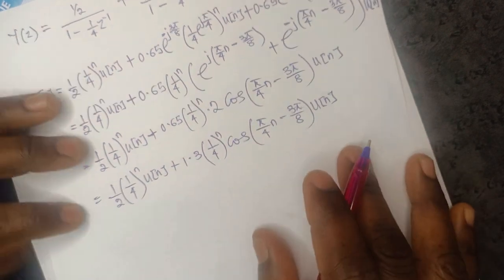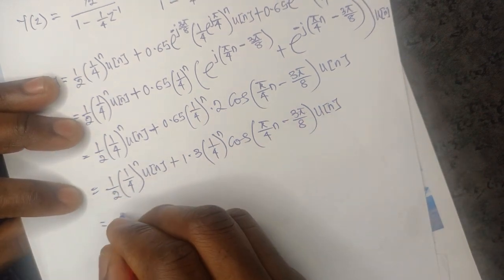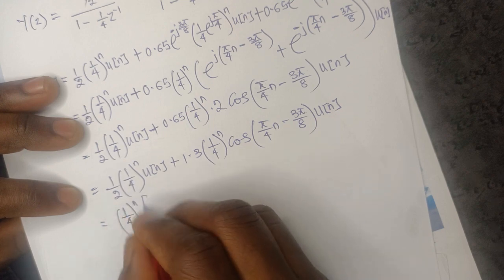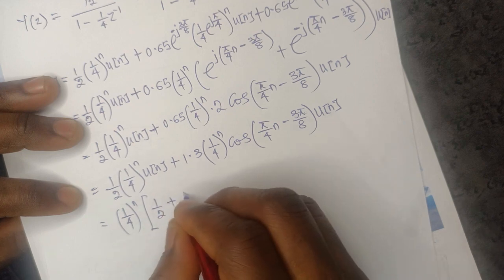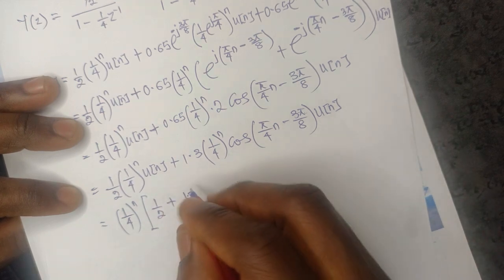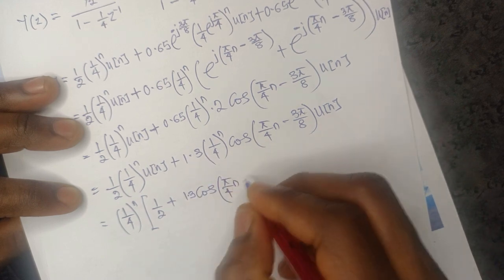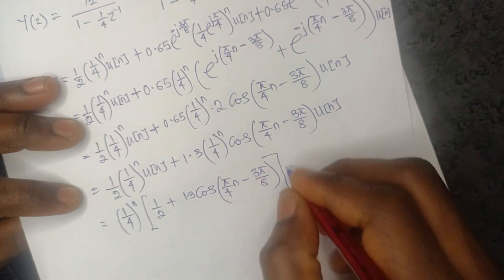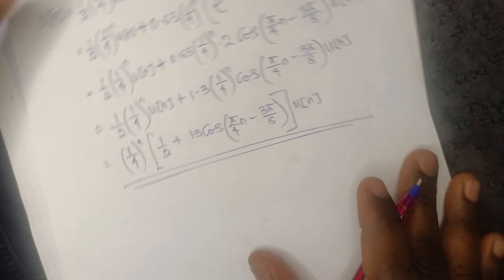So as it is now, you see something is still common. We can still bring 1 all over 4 raised to power n out. So we have half plus 1.3 cos pi all over 4 n minus 3 pi all over 8, u of n. So this is going to be our final answer.